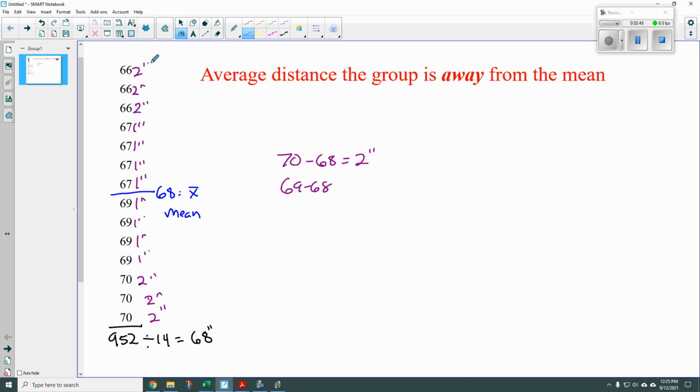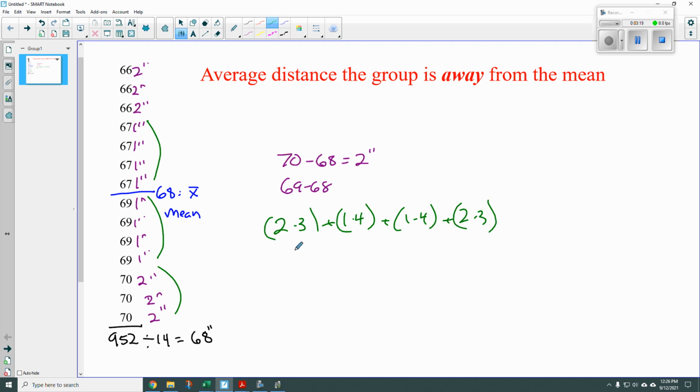So on average, I would add up these numbers here that are away from the mean. So I have 2 times 3, these right here, plus 1 times 4, these right here, plus another 1 times 4, plus another 2 times 3. So that's 6 plus 4 plus 4 plus 6, which is equal to 20.